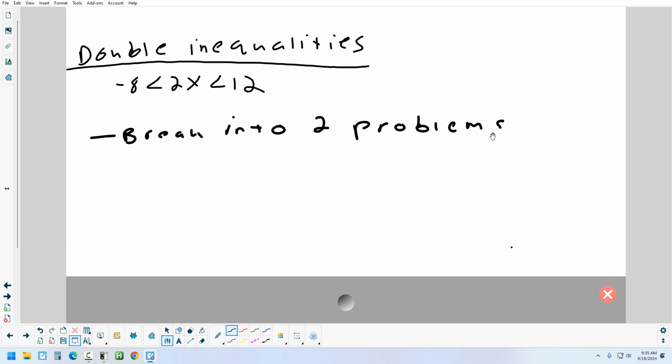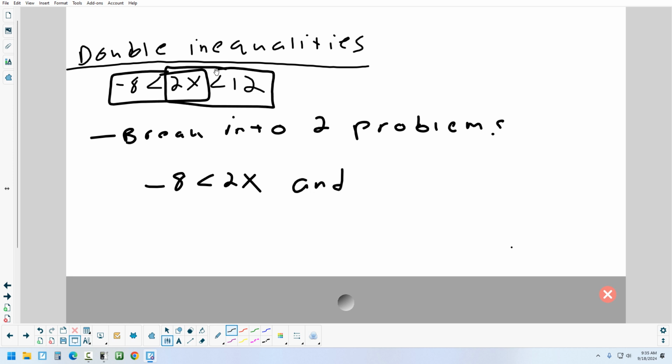So like in this one, -8 is less than 2x, and 2x is less than 12. Solve each one separately. That's how we will deal with a double inequality.